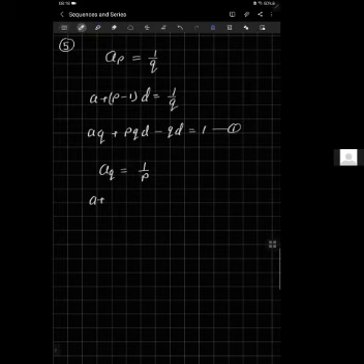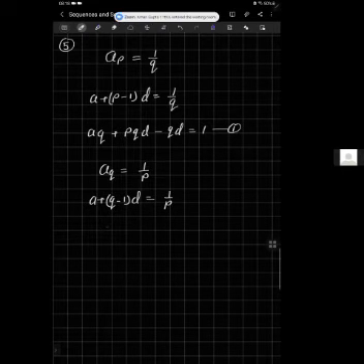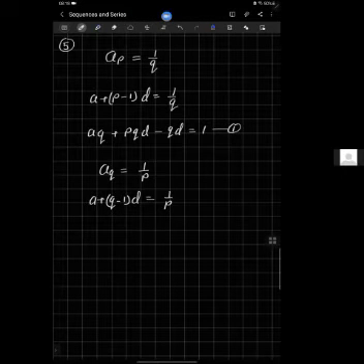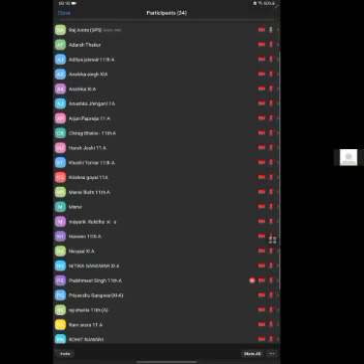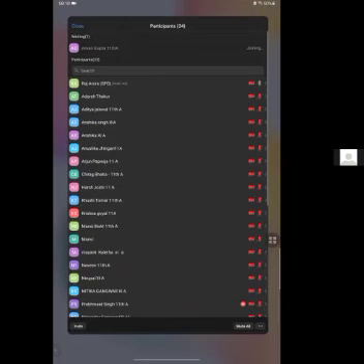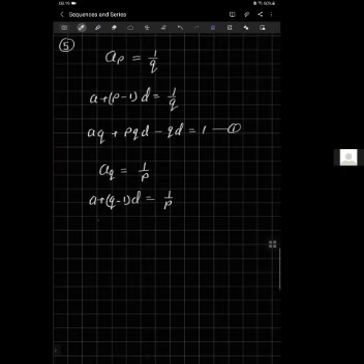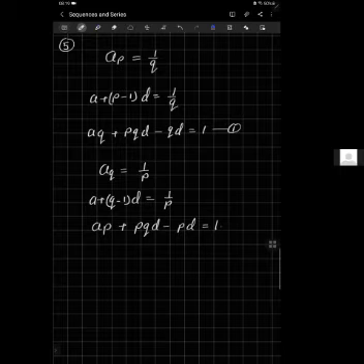A plus q minus 1 into difference d equals 1 upon p. AP plus PQD minus PD equals 1.